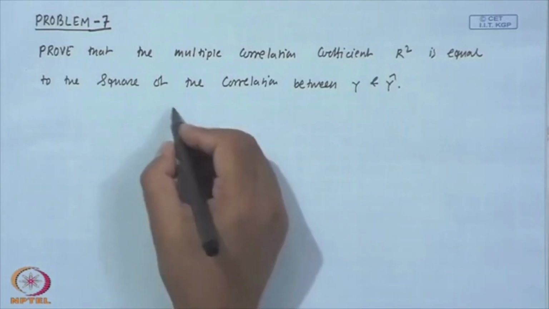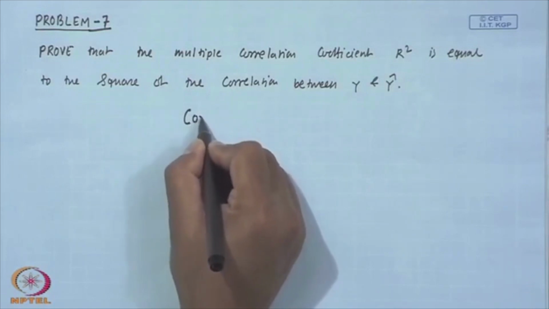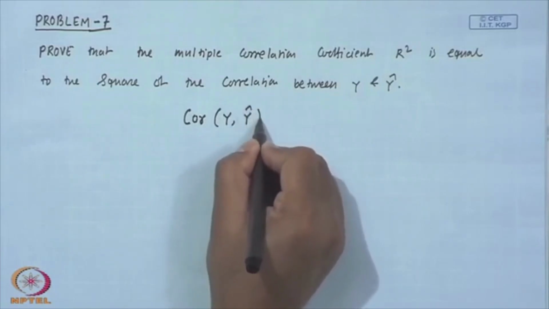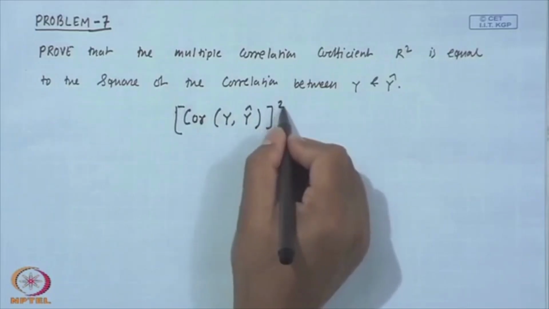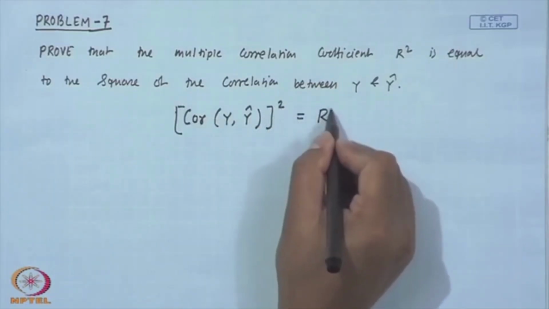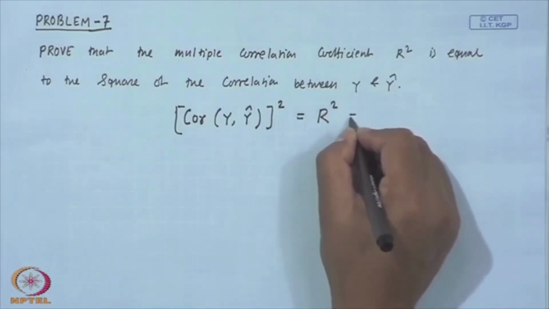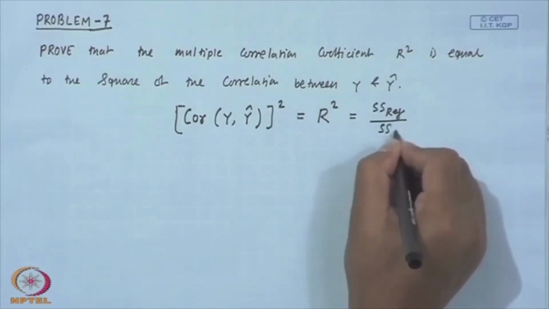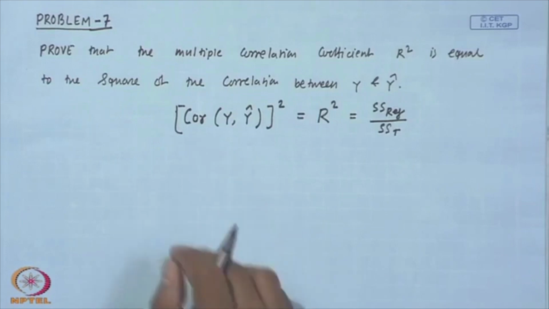So, what you have to prove here is that the correlation between y and y hat, and the square of this one, is equal to R square. R square is again the coefficient of determination, which is equal to S S regression by S S total. It is nice to prove this one.